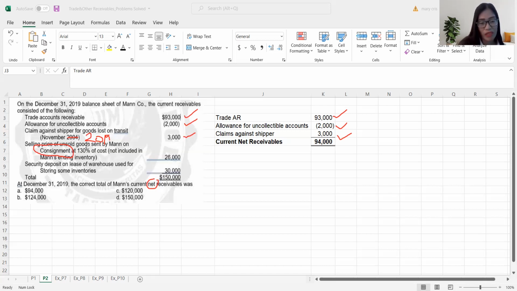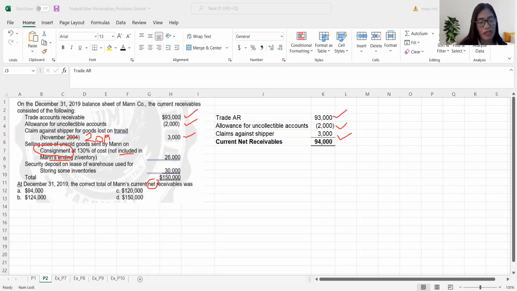So in this problem, sabi niya, itong goods held out on consignment, hindi daw nila ni-record as part of the ending inventory, which is not correct, because as I've said, since man here is the consignor, dapat yung equivalent cost ng goods for consignment should be included as part of their ending inventory. Tapos ang question, may sale ba na nangyari?